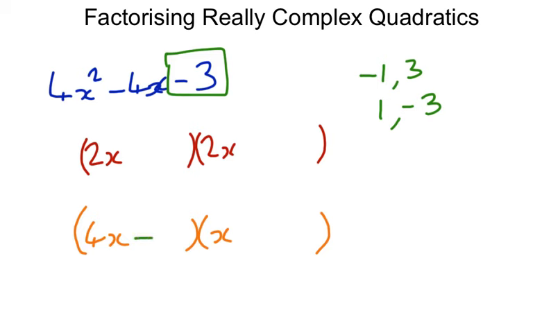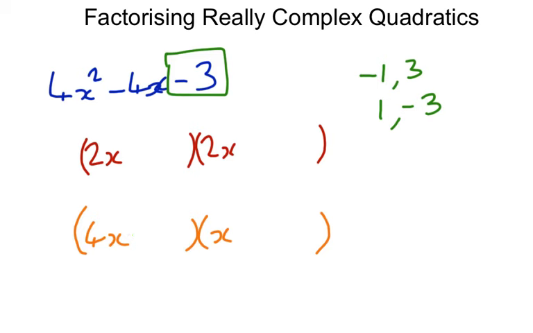If we try minus 1 and plus 3, then we get 12x minus x, and that's not going to work. If we tried plus 3 and minus 1, we get minus 4x plus 3x is minus x, and that one doesn't work either.